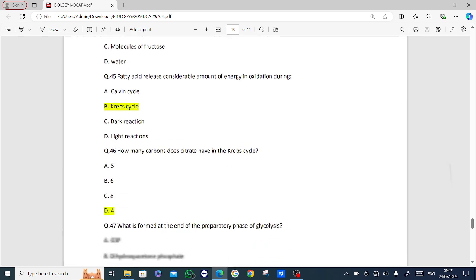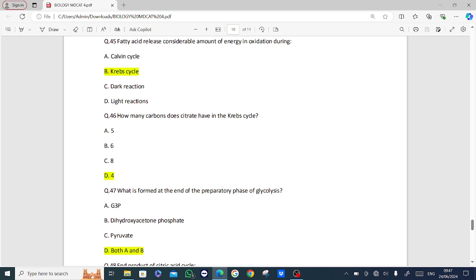Next MCQ is: fatty acid releases considerable amount of energy in oxidation during. Options are Calvin cycle, Krebs cycle, dark reaction, light reaction. Answer is option B, Krebs cycle.